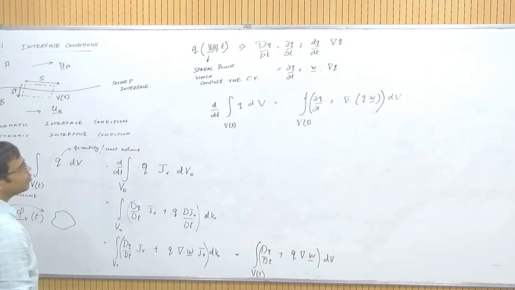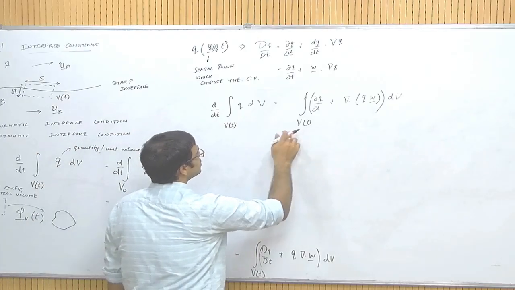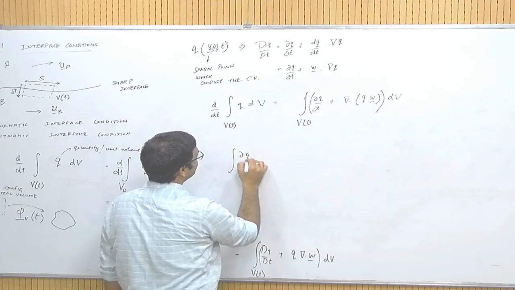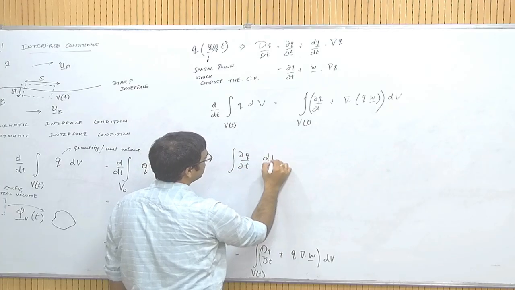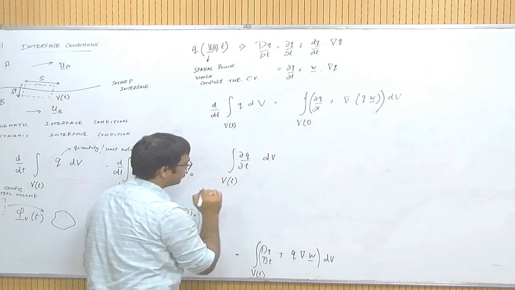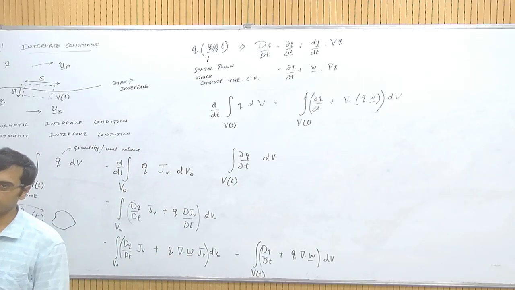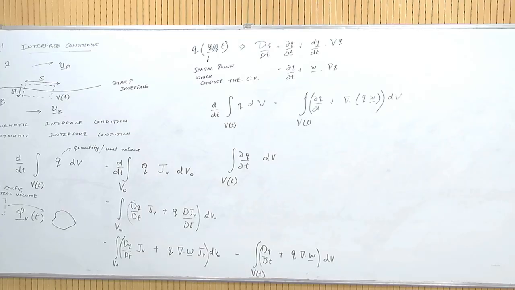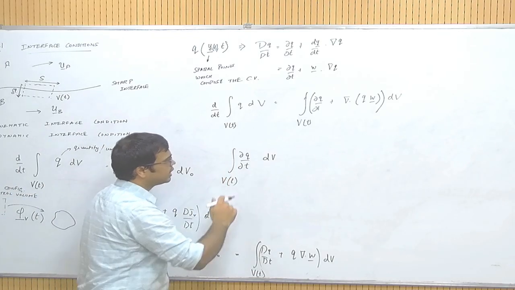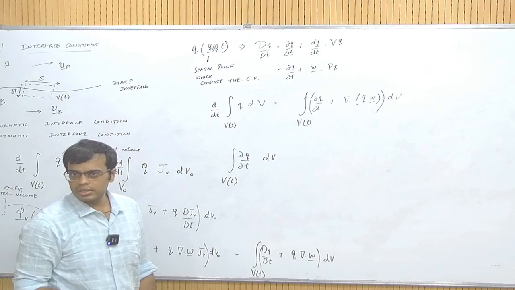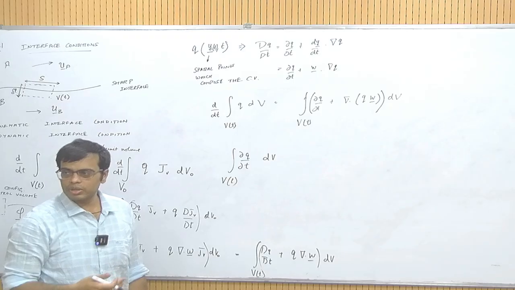And now we know del q by del t dV over a control volume. If this control volume has some material inside it, then I can write this quantity using the actual Reynolds transport theorem.